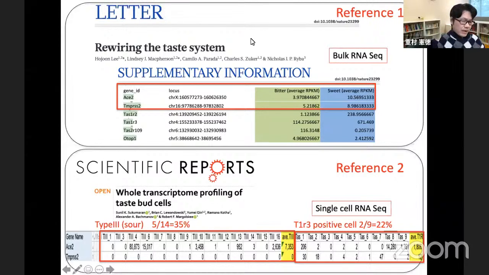Then we found that expression levels of ACE2 and TMPRSS2 were very low in both beta and sweet cell, but not negative. TMPRSS2 is also expressed in both beta and sweet cell.